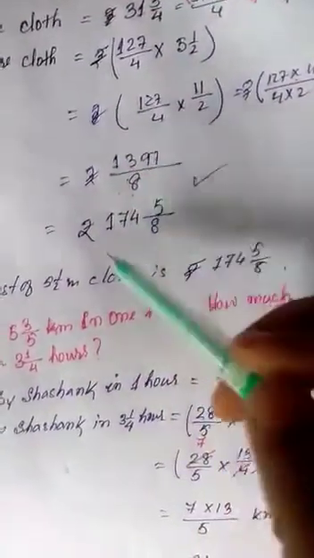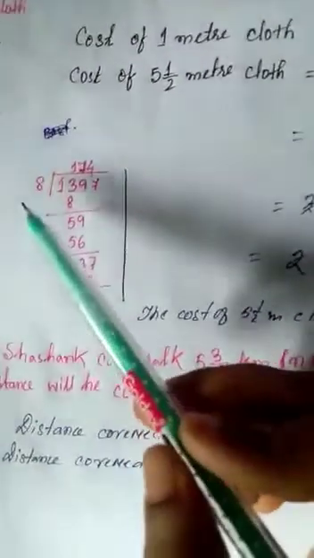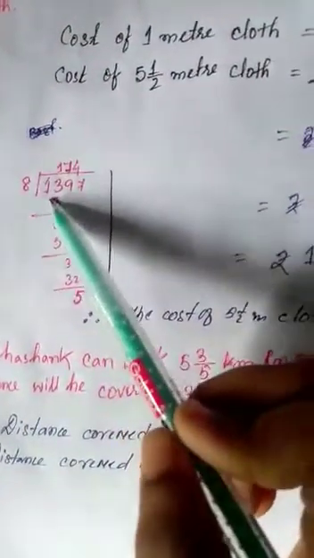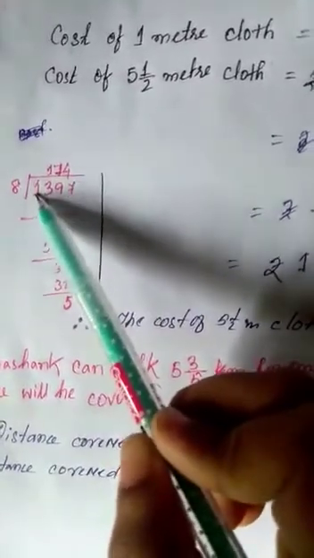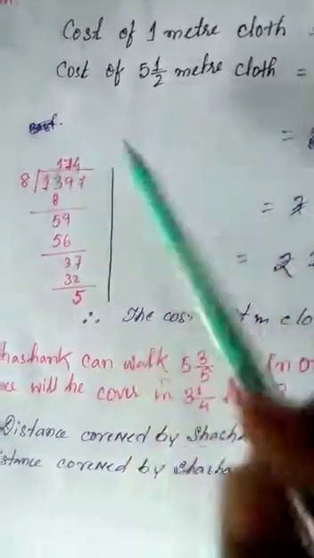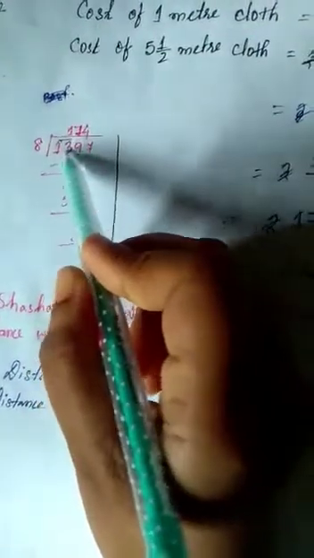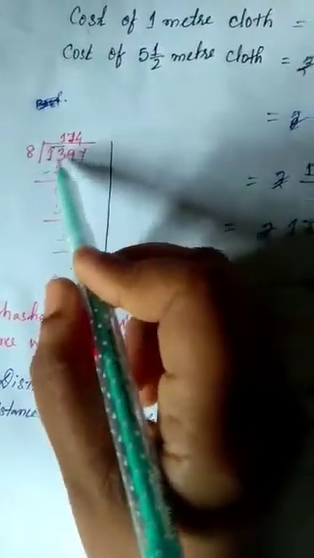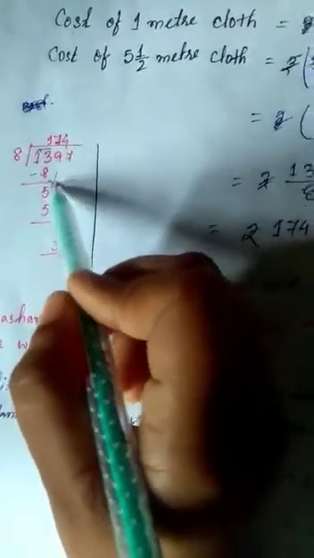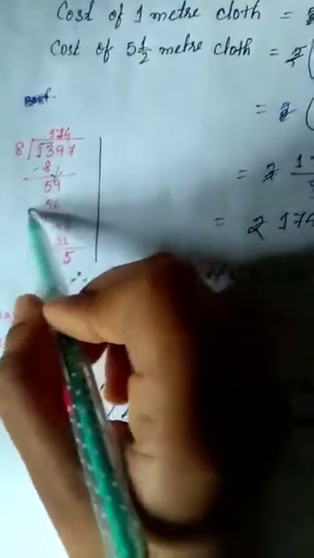As it is an improper fraction, how do we convert it? We divide by 8. Here you can see it is 1, which is a smaller number, so we take 2 digits. 8 ones are 8, 8 twos are 16, which is larger, so 1 will divide. After subtracting, 13 minus 8 is 5. Now bring down 9, so 59. 8 sevens are 56, and 9 minus 6 is 3.